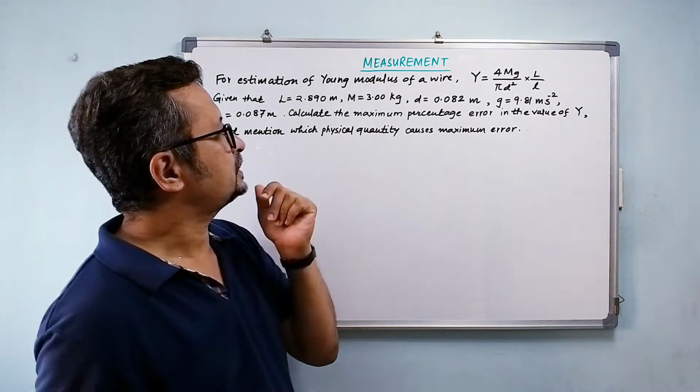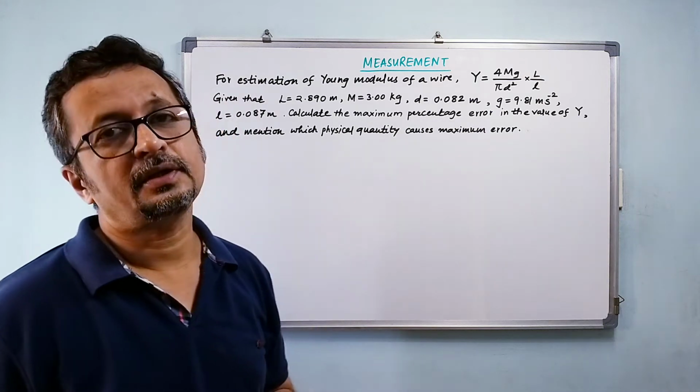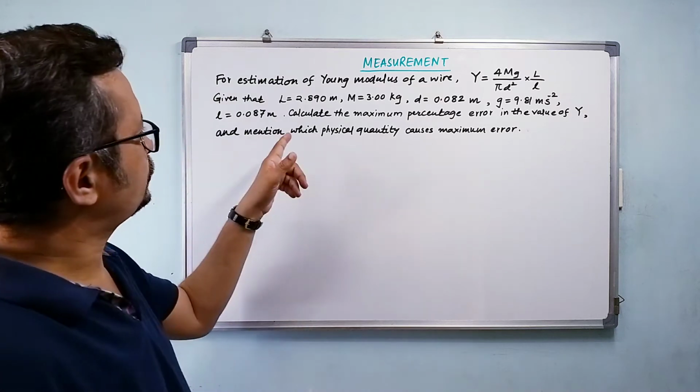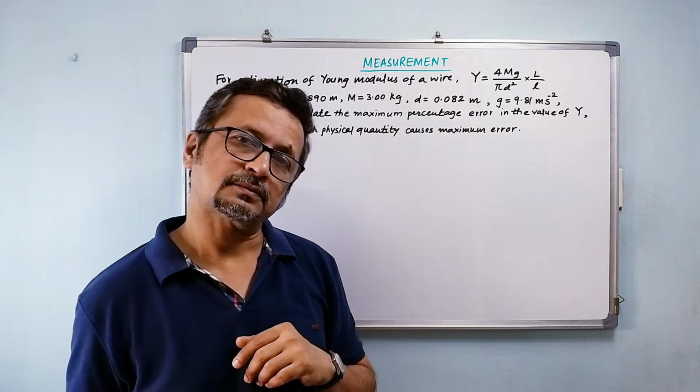Now they want us to calculate the maximum percentage error in the value of Y, and also we need to mention which physical quantity causes maximum error.